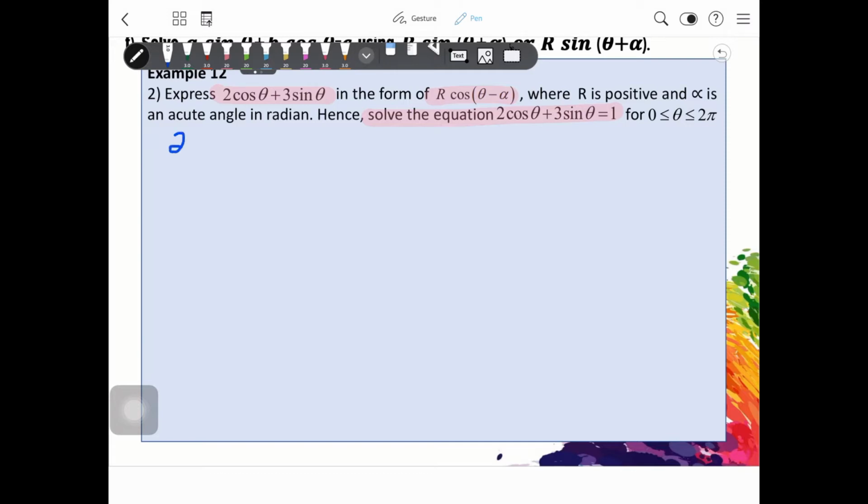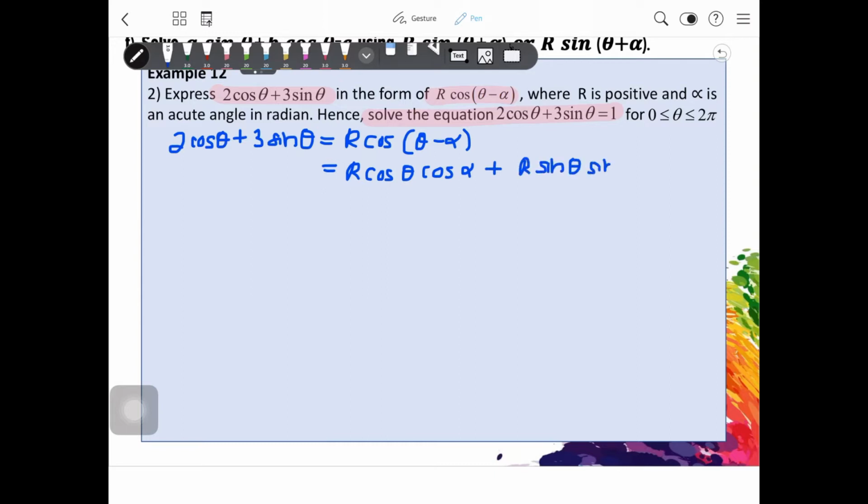We have 2 cos theta plus 3 sin theta equals to R cos theta minus alpha. So by compound angle, we have R cos theta cos alpha plus R sin theta sin alpha.